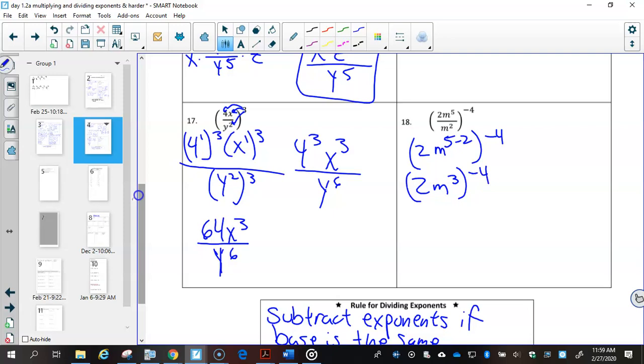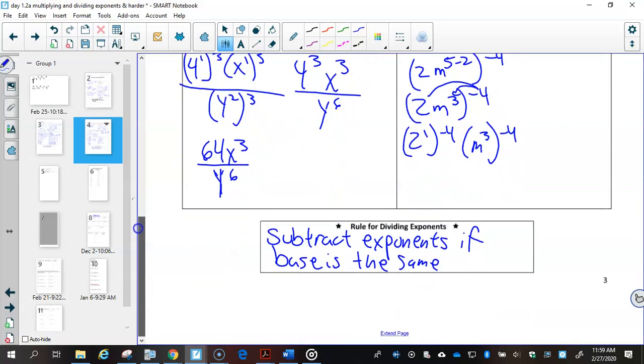Now we're raising a power to another power. What are we doing with that exponent? Or what operation are we doing? Multiplying. Multiplying -4 to 1 and -4 to 3. Here we have 2 to the -4.